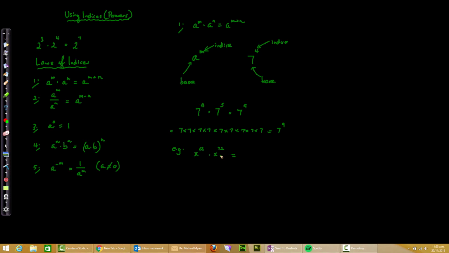Well, that means that we're multiplying x together a total of 84 times, 12 and another 72. So that should be x to the power of 84 then. So yes, we can add those two powers in that situation. So that's the sort of justification of where this rule is coming from.